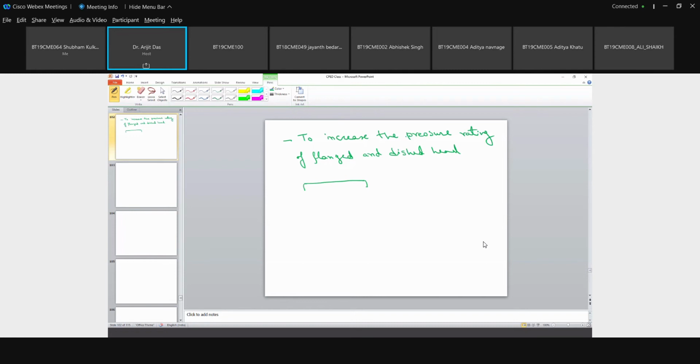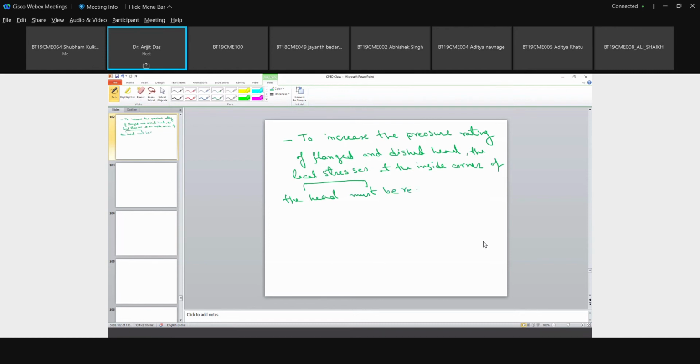So the local stress at the inside corner, that is at the knuckle, at the inside corner of the head, you keep writing, of the head, must be reduced.